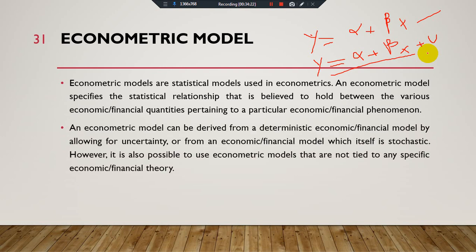An econometric model can be derived from a deterministic economic or financial model by allowing for uncertainty, or from an economic and financial model which itself is stochastic. However, it is also possible to use econometric models that are not tied to any specific economic or financial theories. So this is the econometric model.